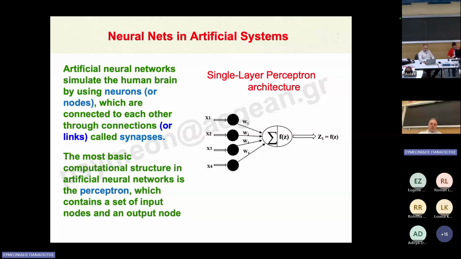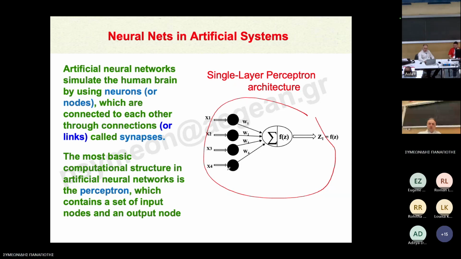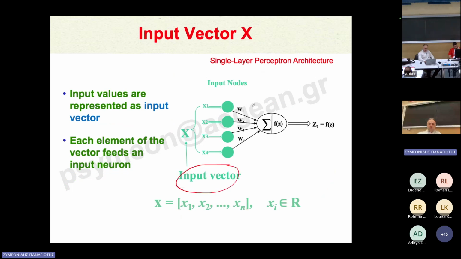So the perceptron consists, this is the architecture of a single layer perceptron. We have the input vector, this input vector X. So we have the weight vector, the vector of weights.